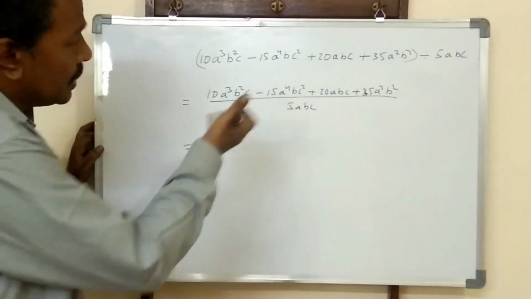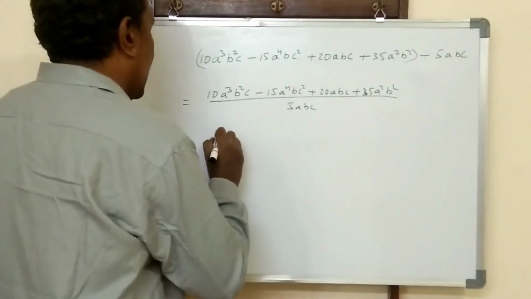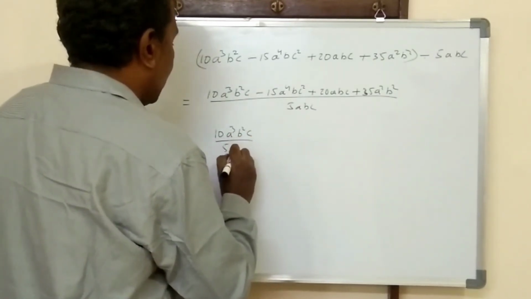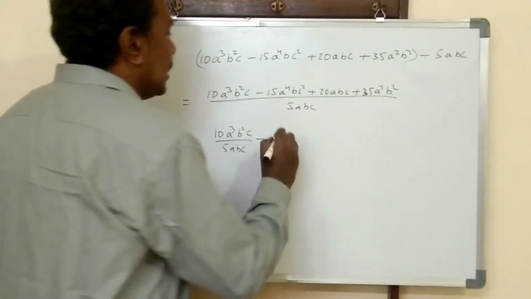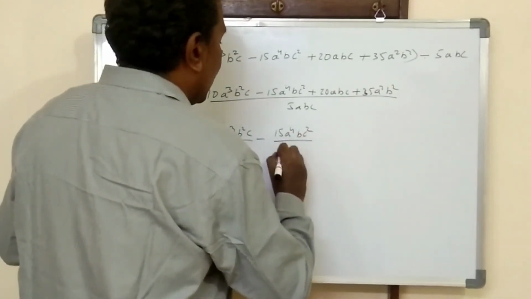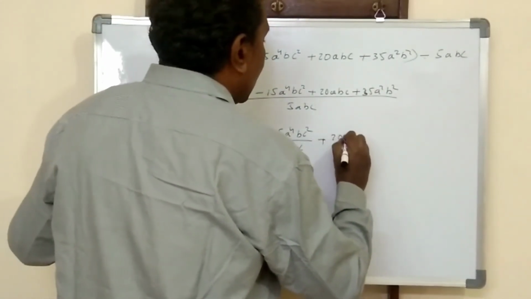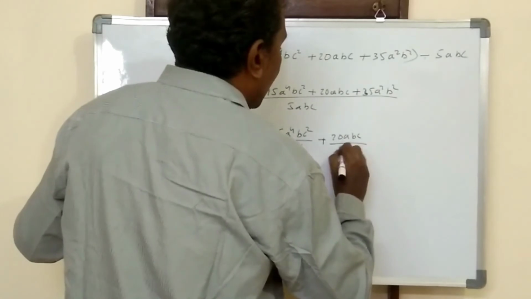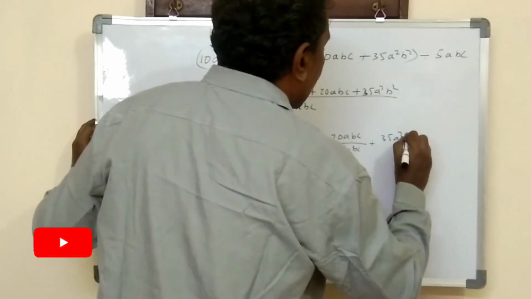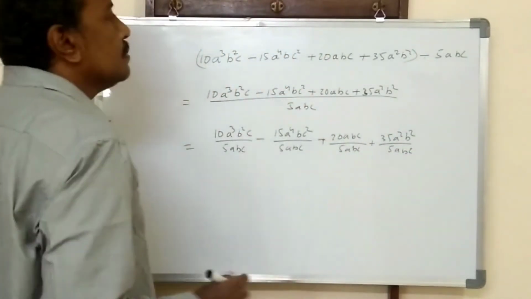So distribute the denominator to each and every term. 10a cube b square c divided with 5abc, minus 15a power 4 bc square divided with 5abc, plus 20abc by 5abc, plus 35a square b square divided with 5abc.